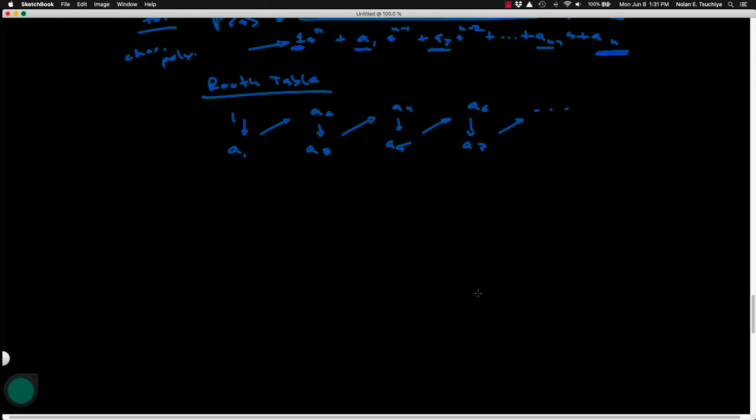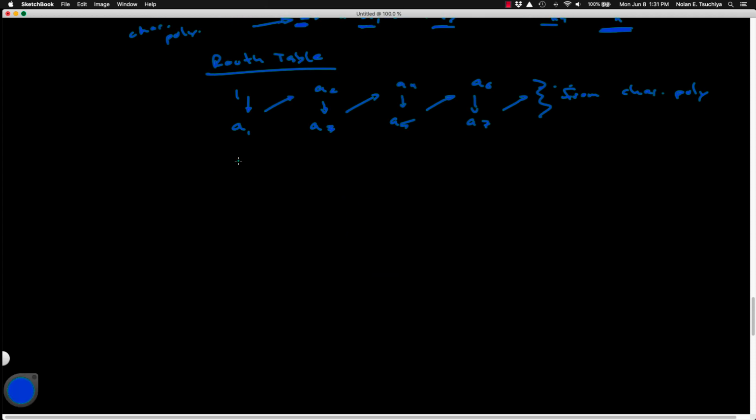Okay, so you get the first two rows from the characteristic polynomial, and then what you've got to do is populate the rest of the table. Okay, so there's going to be a B row, there's going to be potentially a C row, and there's going to be a D row maybe.